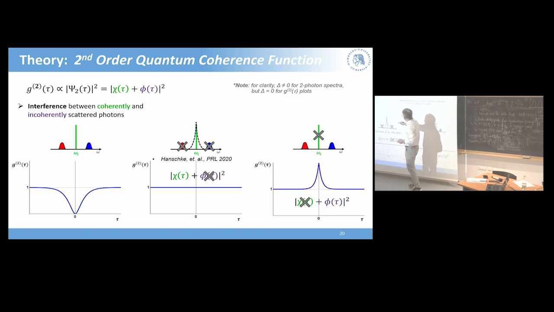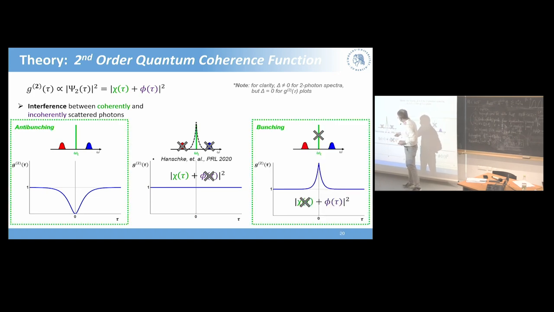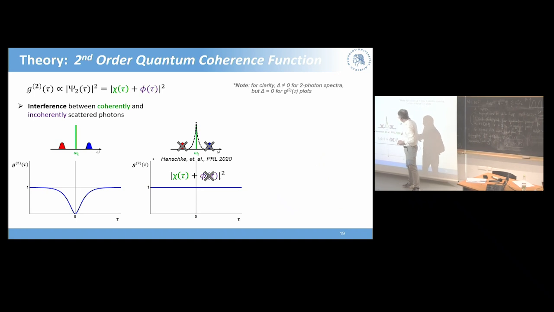That was done by Hanschke et al. in this PRL. They just used a very narrow band Fabry-Perot, and they suppressed the sidebands, so it's a band pass filter that only lets this component pass. In this case, the incoherent component goes away, and I'm left just with the coherent scattering amplitude, but this coherent scattering amplitude is time independent, and so I get a flat G2.